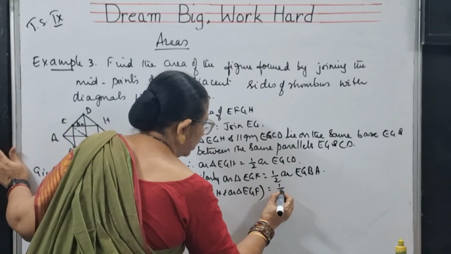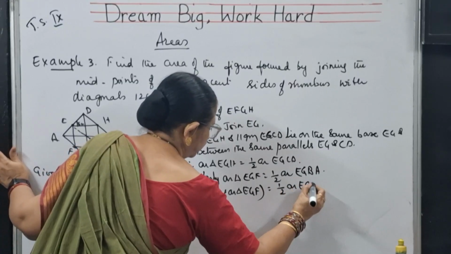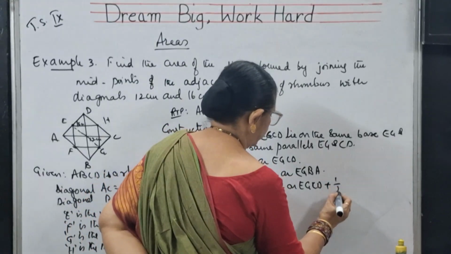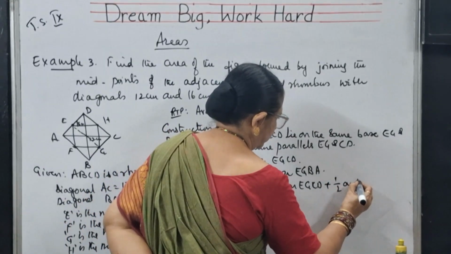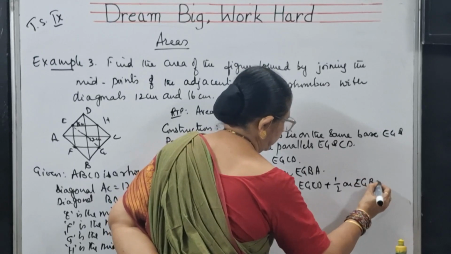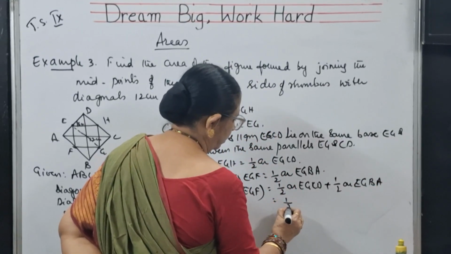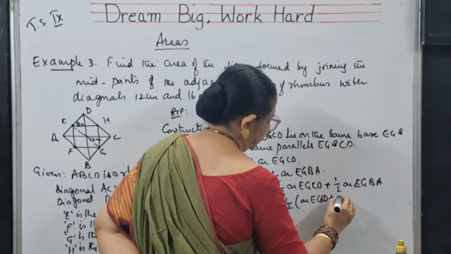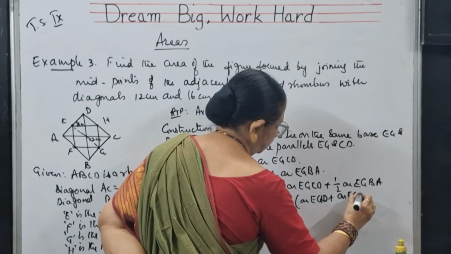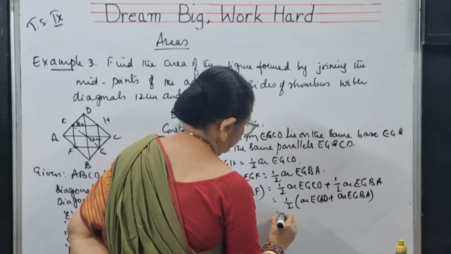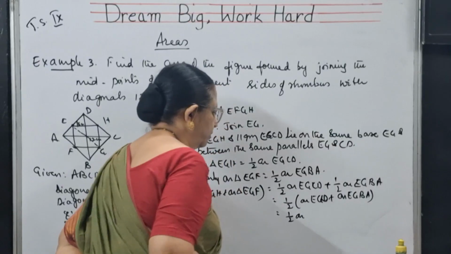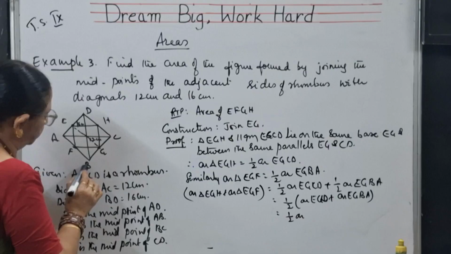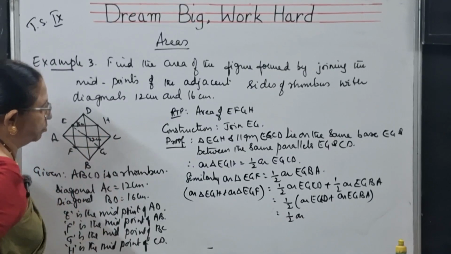This is equal to half area of EGCD plus half area of EGBA. This is nothing but half of area of EGCD plus area of EGBA. EGCD plus EGBA is nothing but area of rhombus.